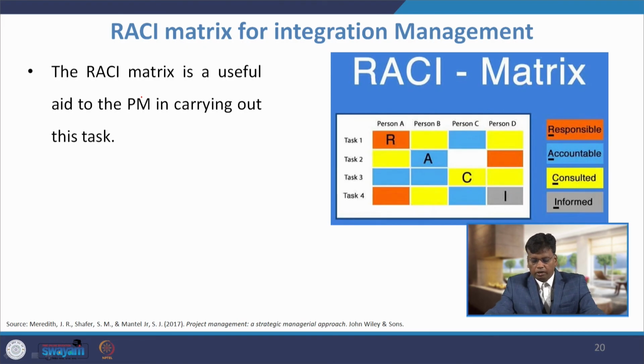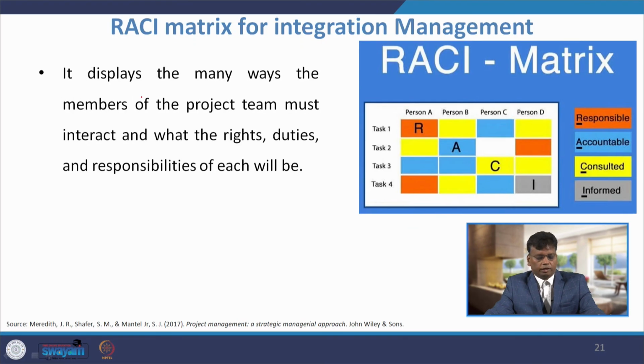If you assign the right person and the person knows exactly what he needs to do, then integration management is achieved. There will not be any conflicts. So, the RACI matrix is a useful aid to the project manager in achieving integration management, or creating coordination among all activities.